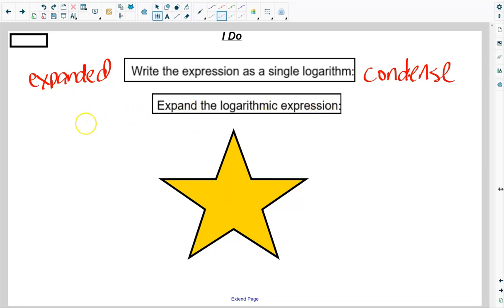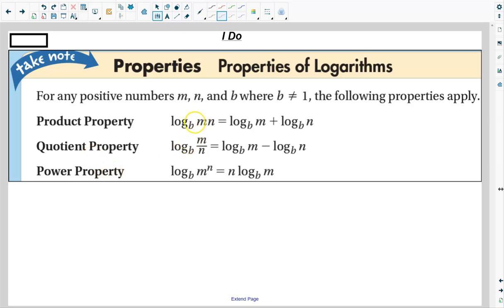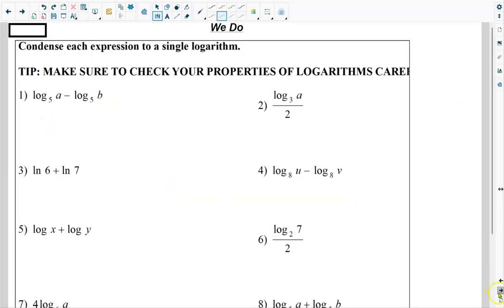If it says expand the logarithm, that means it is condensed, and you're going to have to expand. So again, condensed, expanded, condensed. Whatever they ask for is what you're going to do.